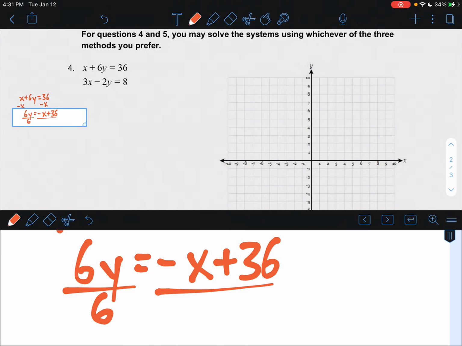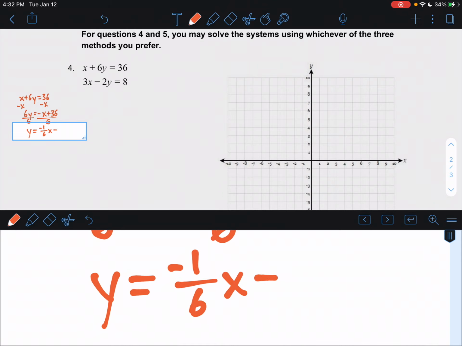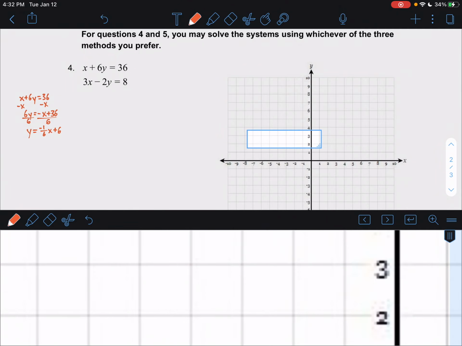Divide both sides by 6. So then I get y equals -1/6 x, and then 36 divided by 6 is just 6. So y equals -1/6 x plus 6 for my first equation. So I'll go ahead and graph that one while I have it.